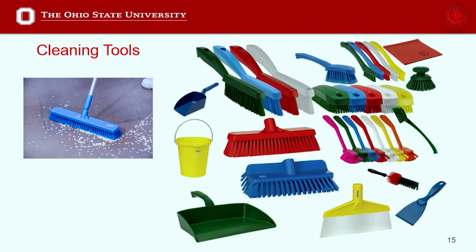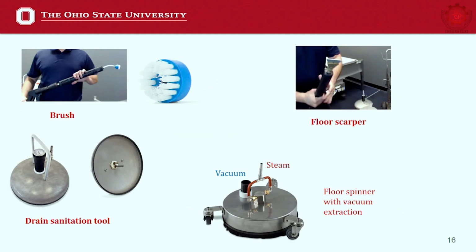Again, when we talk about some of the brushes, these are not very sophisticated, these are simple, but very effective in terms of doing your cleaning. You can see ranges of brushes and other things that are commonly used. Again, you can see here different scrapers, and you also have a rain sanitation tool.